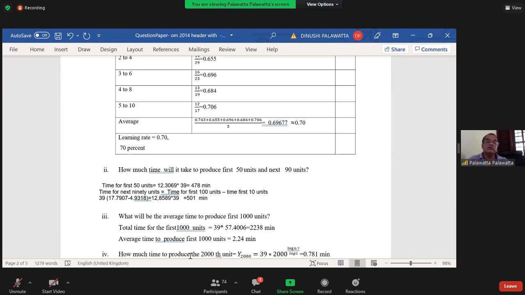So this is how, in this situation, we have to use the formula. If the numbers are not available in the table, you have to use the formula.